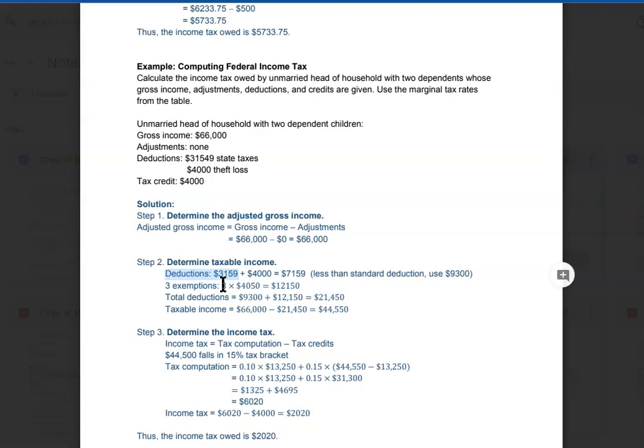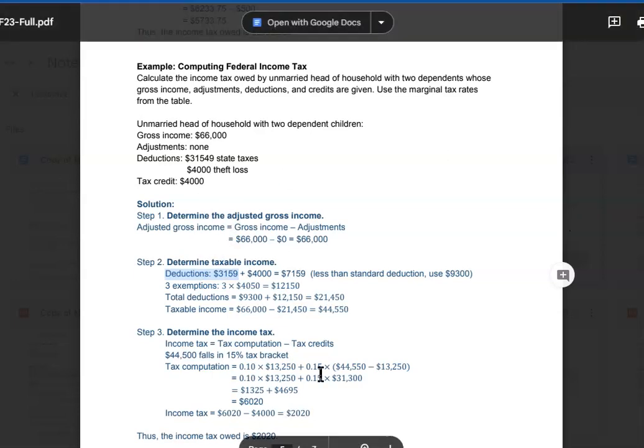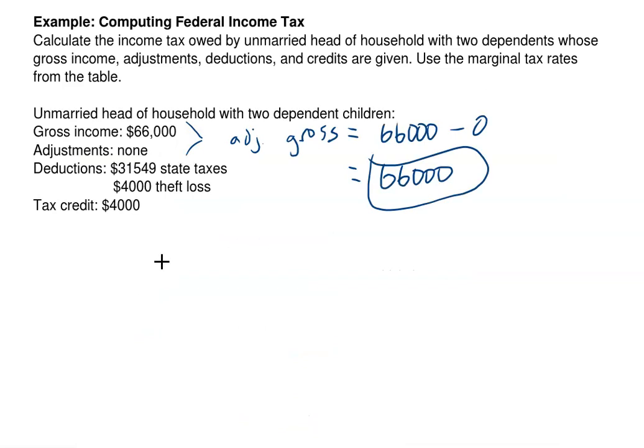It's 3,159. So that 4 was unintentional. It was just a mistake. So let's scrub that 4 out so that we can be on track with Mrs. Groover's notes. Because this person only made $66,000. This would be almost half of the money that they made just for state taxes. That would be ridiculous. So that's why I kind of was hesitant there.